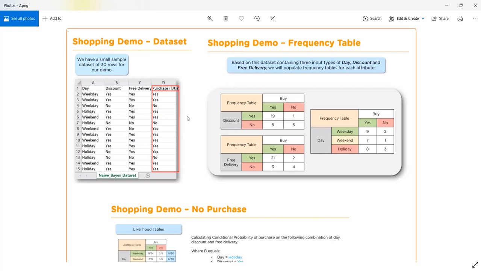They have maintained one Excel sheet for 30 different days, with some descriptive features and a target feature. The descriptive features were: the day, whether that day is a weekday, holiday or weekend; whether they are providing a discount on that day or not; and whether there is free delivery or not on that day. Based on these three descriptive features, they decide the condition of purchase, whether there is a purchase or no purchase. These are the two categorical values of this target feature.